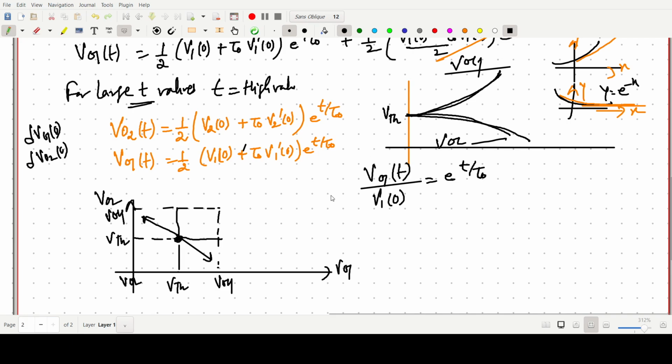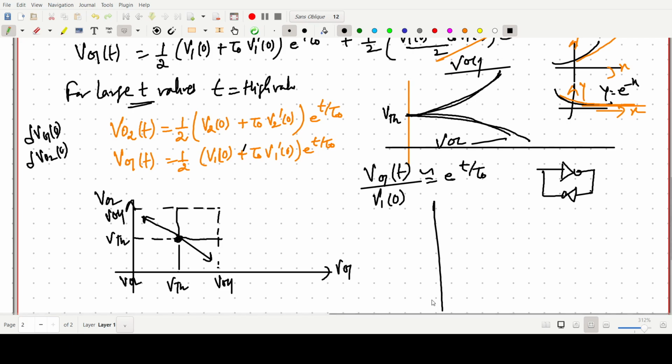That is, V naught 1 output in the time domain with respect to V1 naught will be nearly e to the power t by t naught, in this kind of flow, you can say.